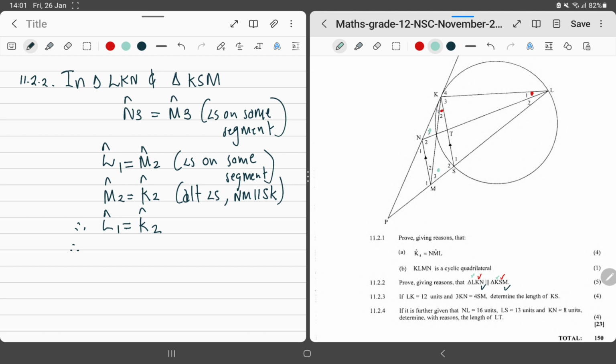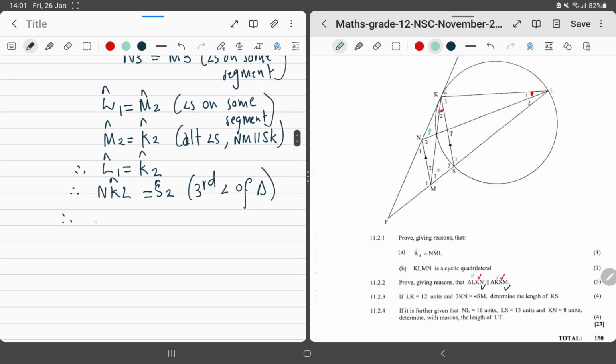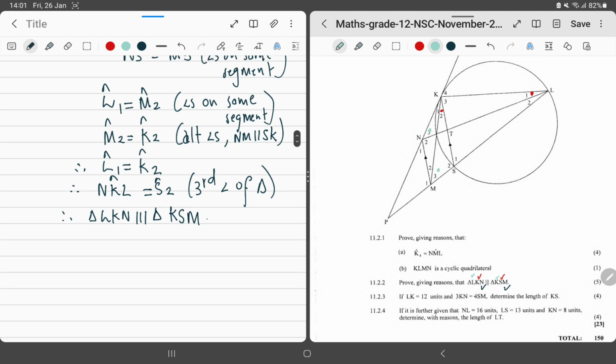So it means that S2 in this triangle should be equal to, excuse me, NKL, that angle of the triangle. Therefore, triangle LKN is similar to triangle KSM.